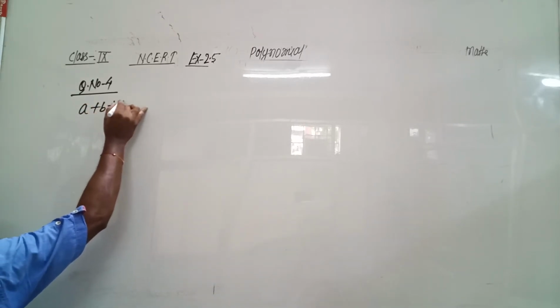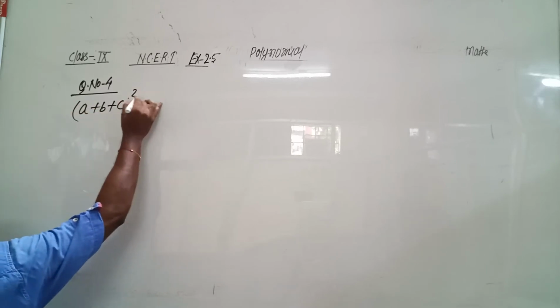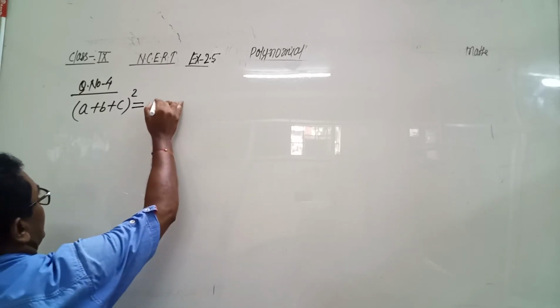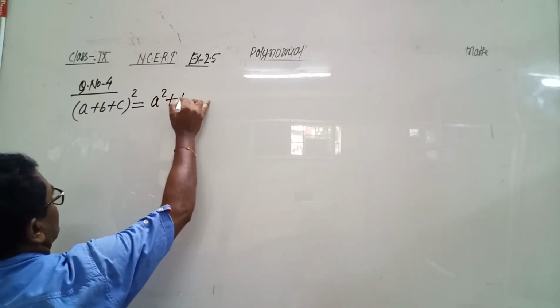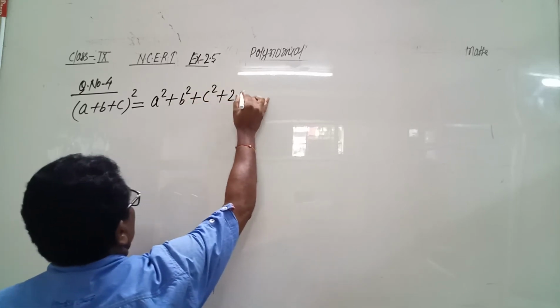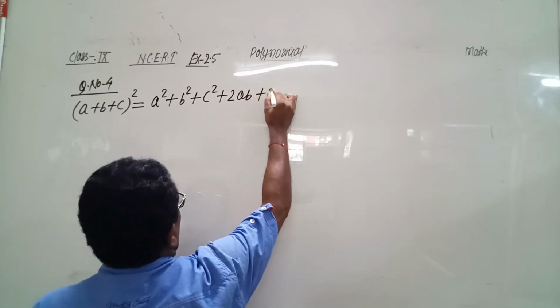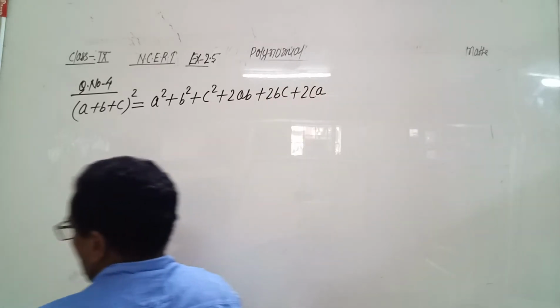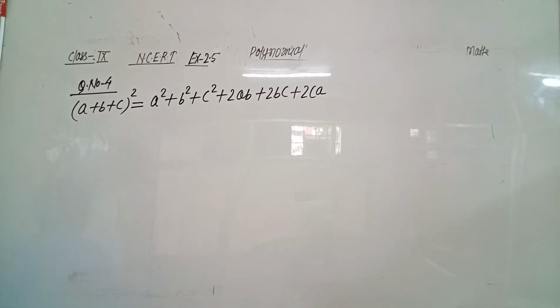A plus b plus c the whole square is equal to a square plus b square plus c square plus 2ab plus 2bc and plus 2ca. Only one formula will be used in all the parts of question number 4.